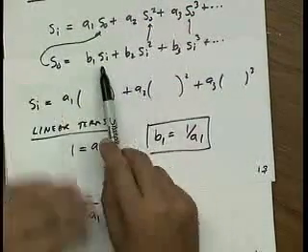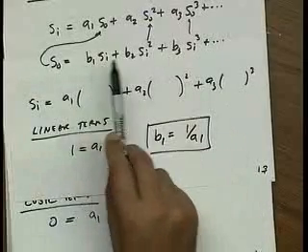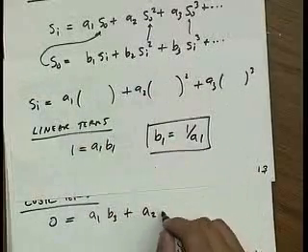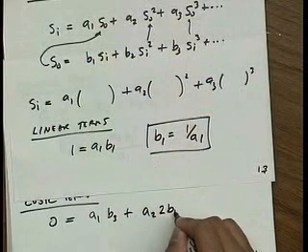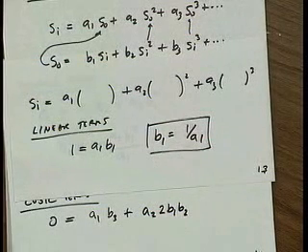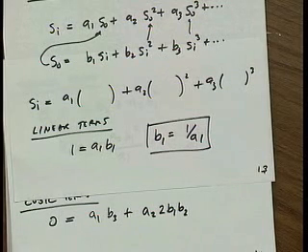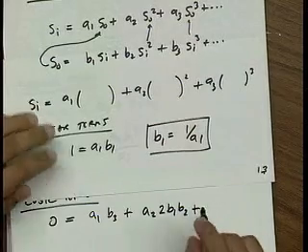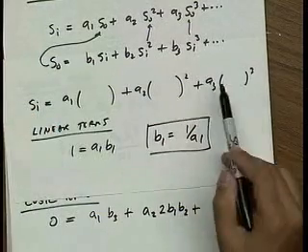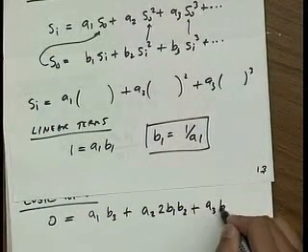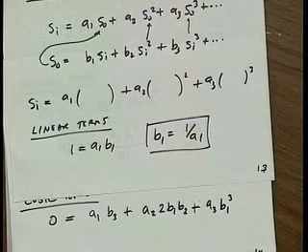When I square this, I'll multiply this by this 2 times. So I get 2 times B1 B2. And then finally I get a cubic term from here, A3 B1 cubed, and that's it. There are no other cubic terms being generated, right?